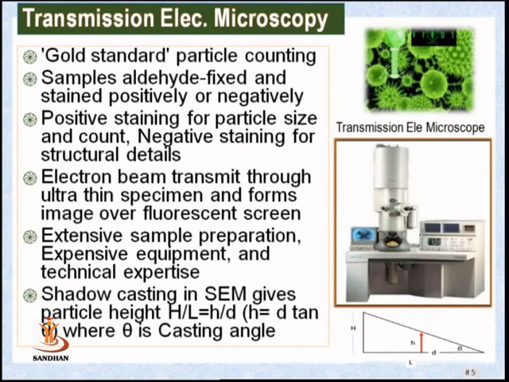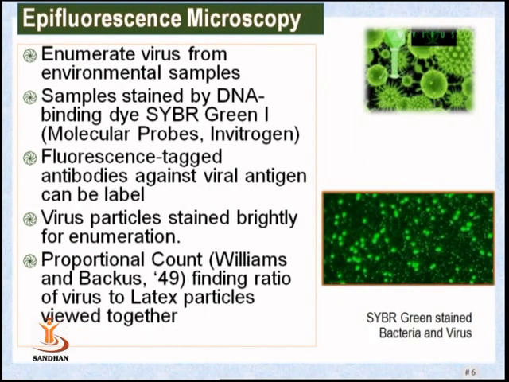Now, in the next slide, we will see another technique to enumerate virus, which makes use of fluorescence. When the sample is large in quantity, like an environmental sample or drinking water sample, where we have to find out the presence of virus, which is a potential threat to population health, then these samples are analyzed by concentrating the viral material in a very small volume, and the samples are stained by a fluorescent dye like SYBR Green, produced by Invitrogen, marketed as molecular probes.